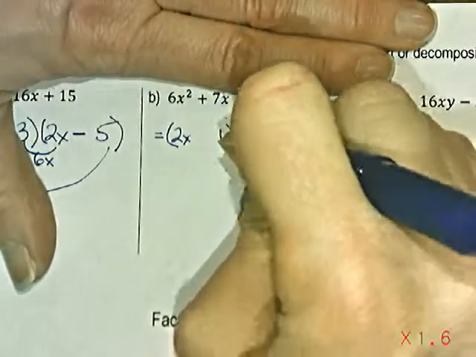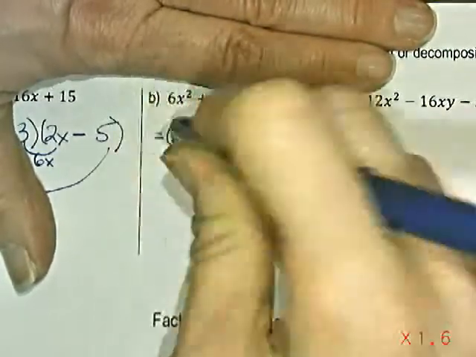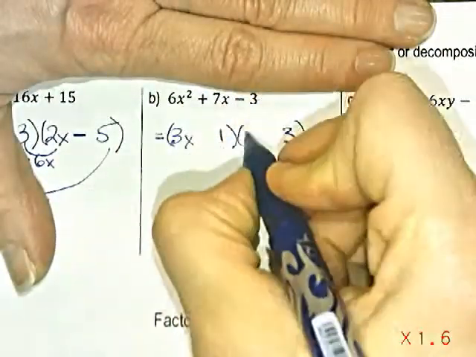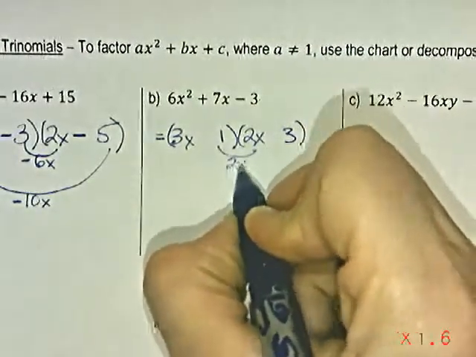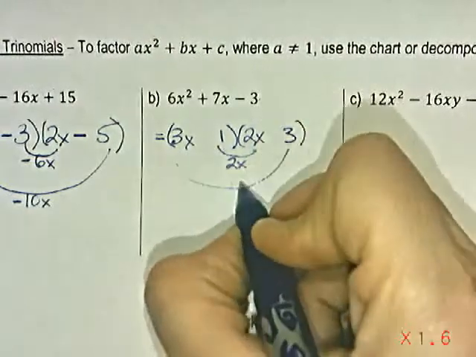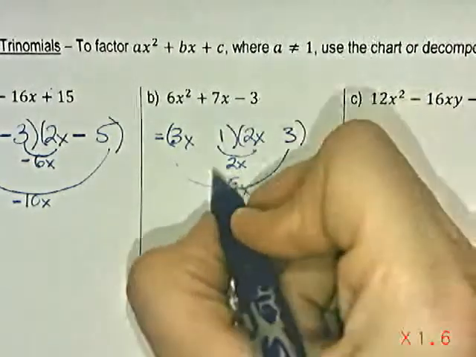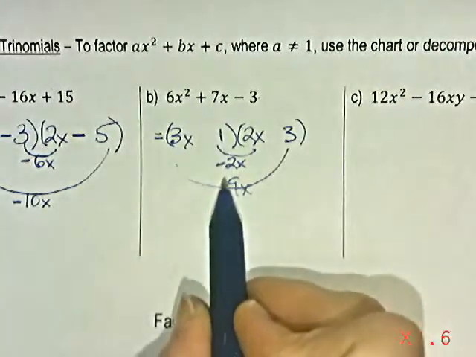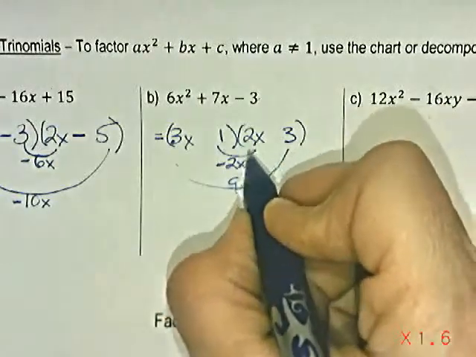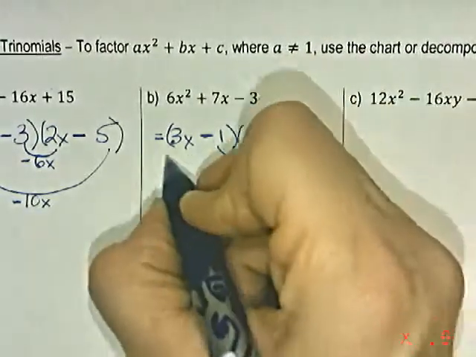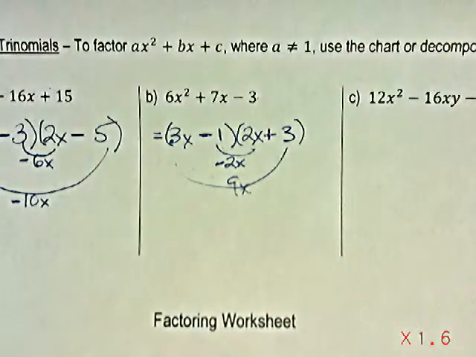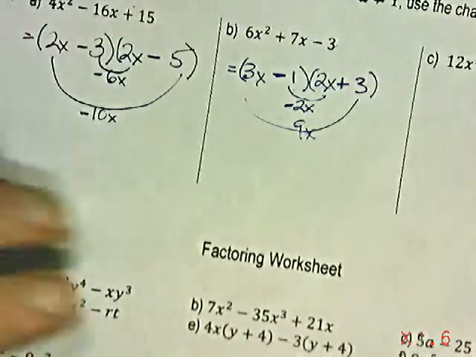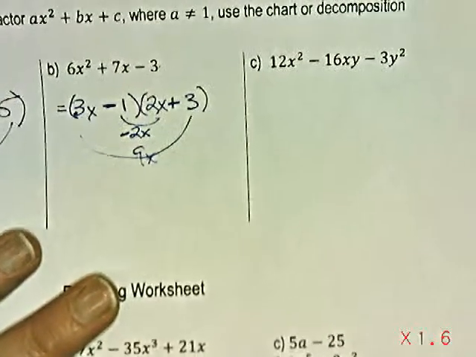If it's not 2x times 3x, maybe I'll switch those positions. 3x times 2x checks my inside outside. 2x times 9x, yes, I could make a 7 out of that. If my 2x was negative, in order for the 2x to be negative, this would have to be the negative, and to get a positive 9, there we go. Even though there's multiple possibilities, it didn't take very long to find the one set that allowed me to factor this.